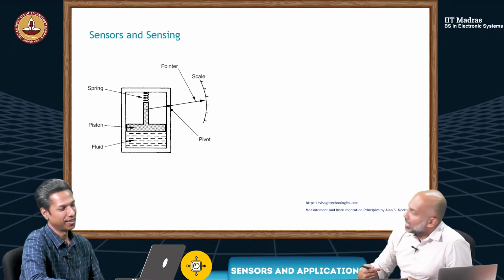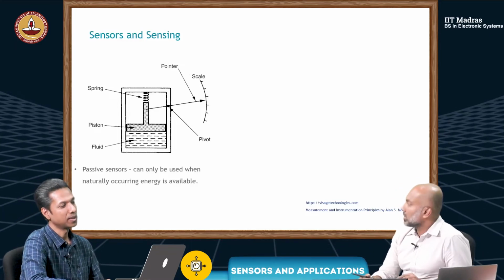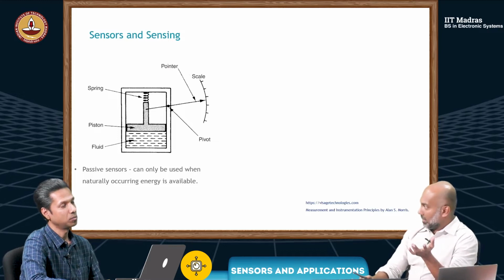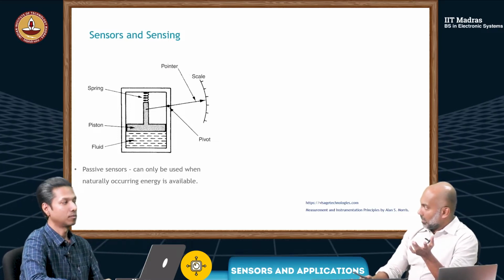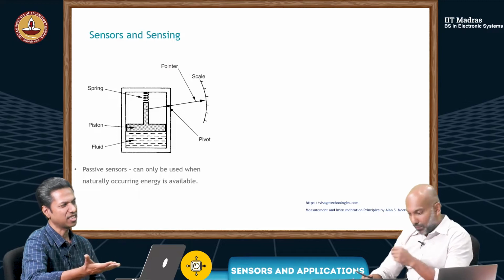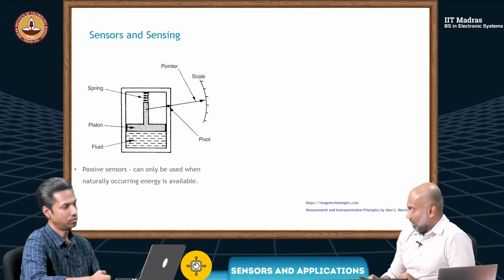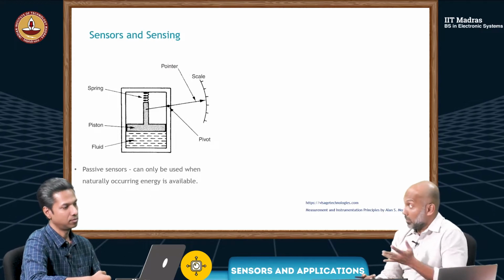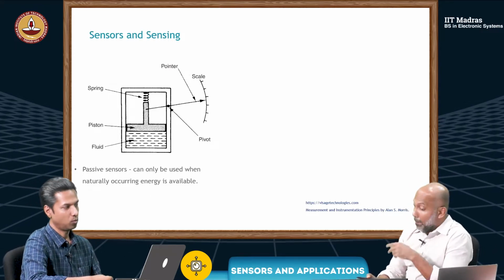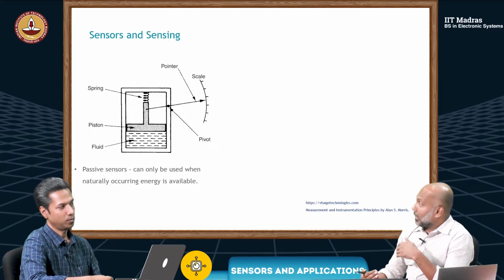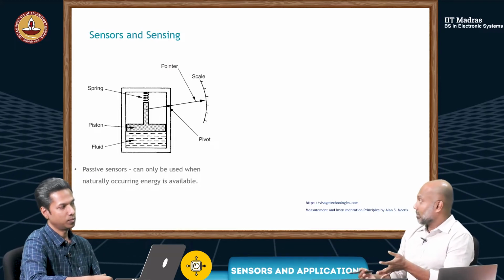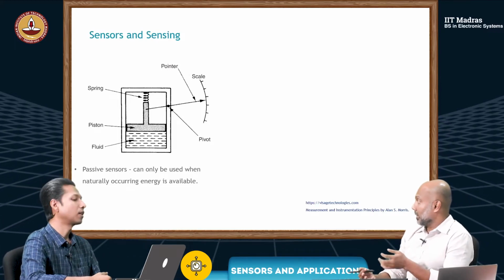So in the sensors world, we call this a passive sensor. It doesn't require any external energy, and it can still measure the physical variable we talked about. But that can only be used if there's some kind of naturally occurring physical variable.